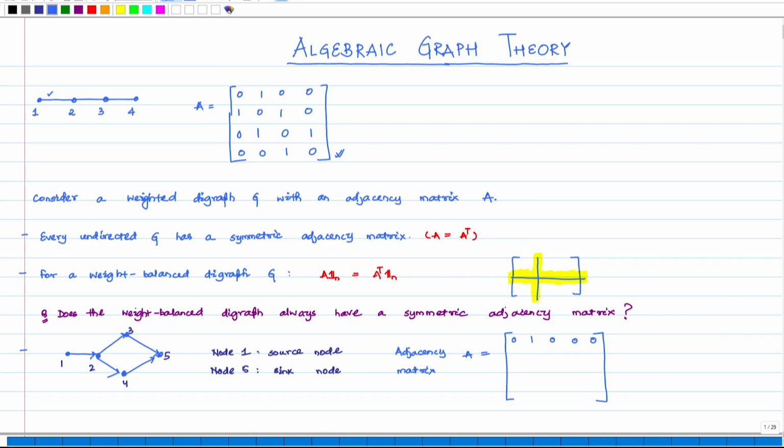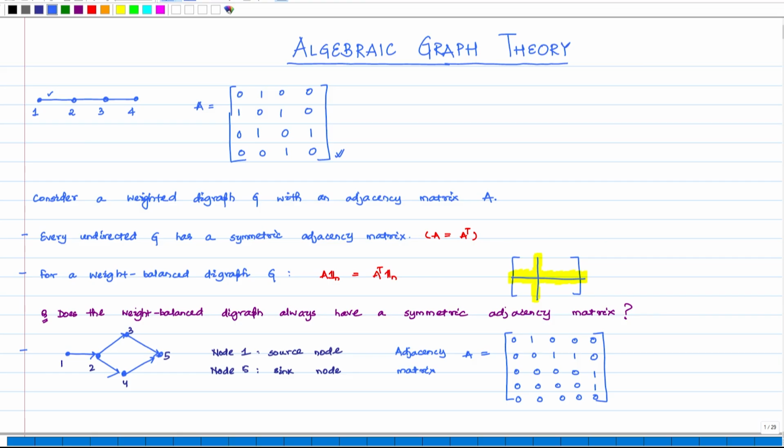And 2 has edges to 3 and 4. 3 has an edge to 5, and 4 also has an edge to 5. And 5 does not have any outgoing edges.